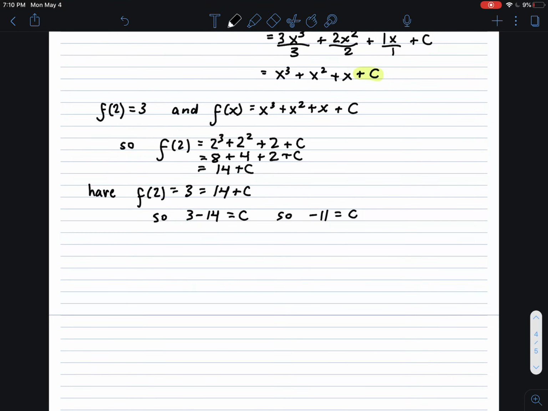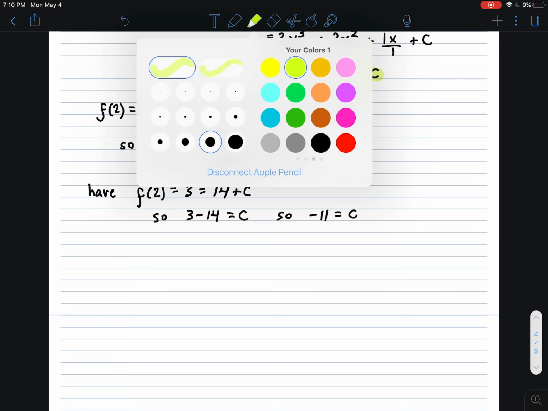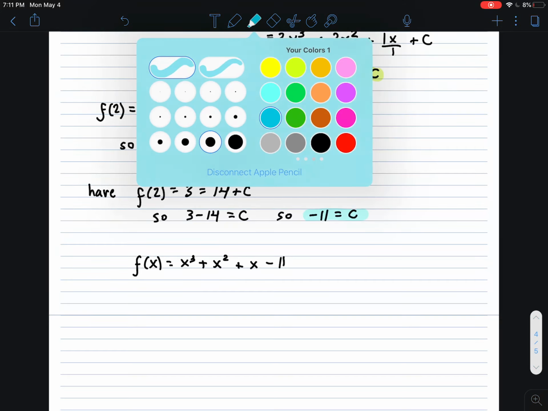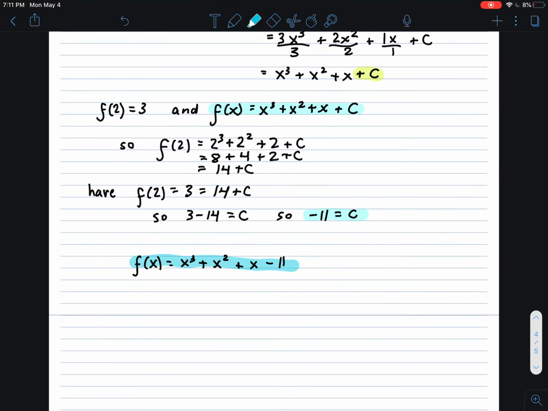Okay, so then we just combine our original function for little f of x and our newly found c, and we're going to have little f of x is equal to x cubed plus x squared plus x minus 11, because it's plus c, but c is negative, so it's minus 11, and that is our answer for this one.